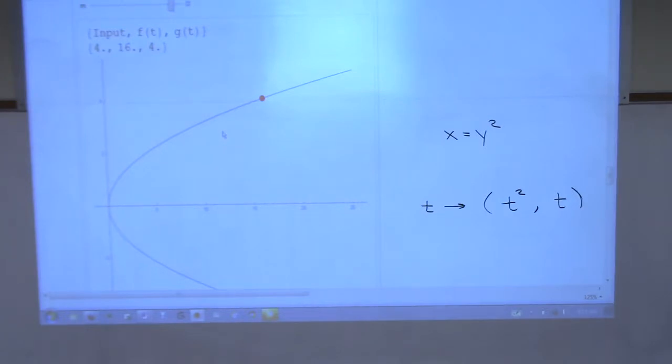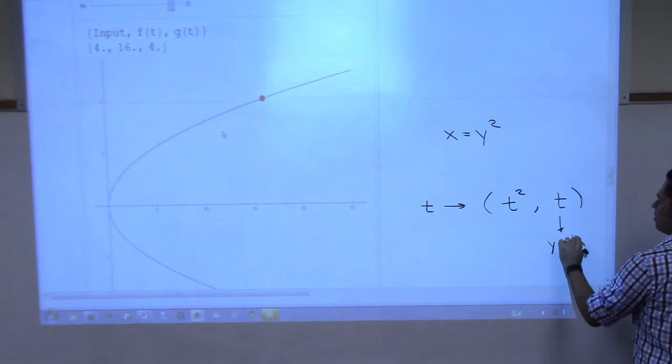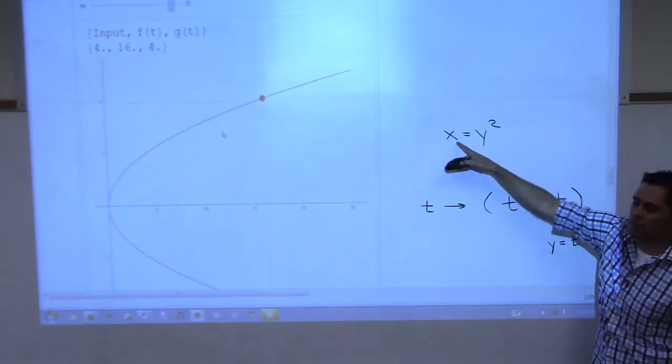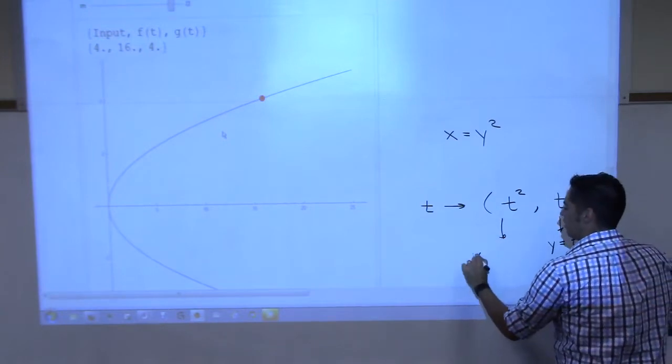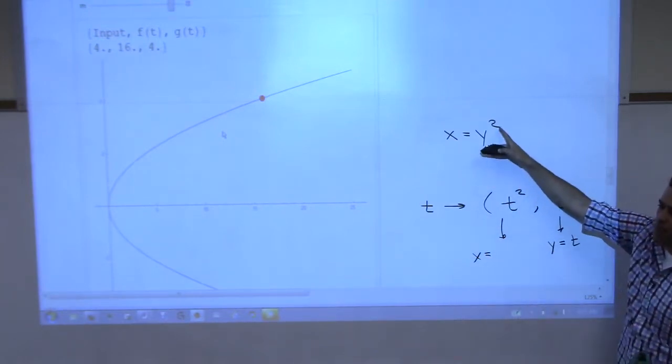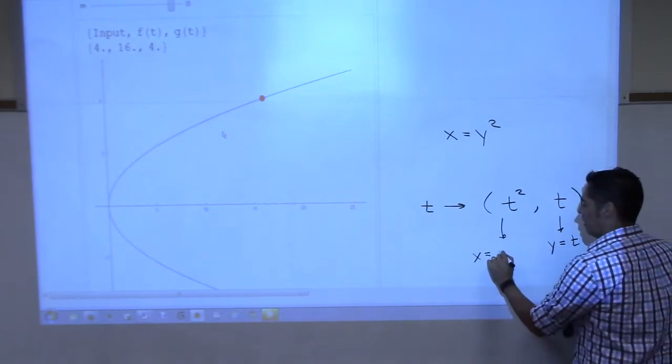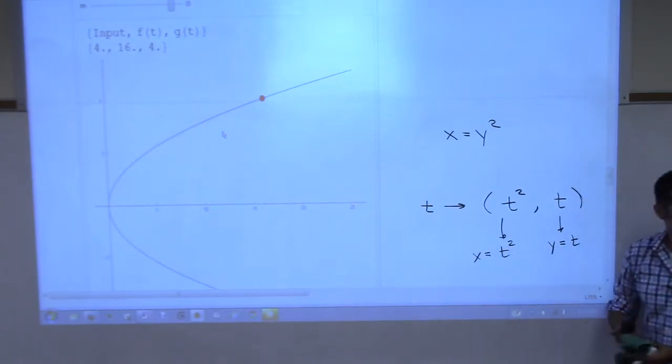Does that make sense? This is saying y is equal to t. And then you go up to this, what's x? x is y squared, but what's y? t. So this is t squared. Understand?